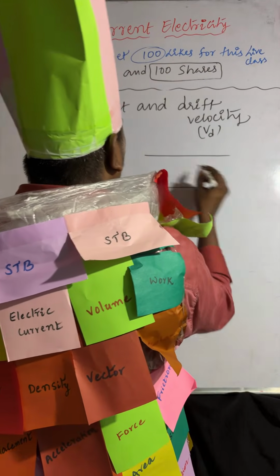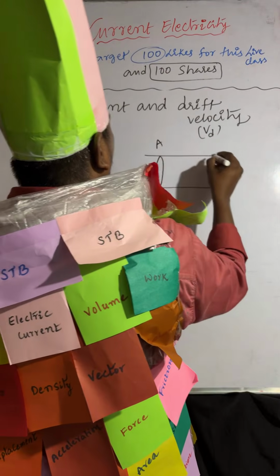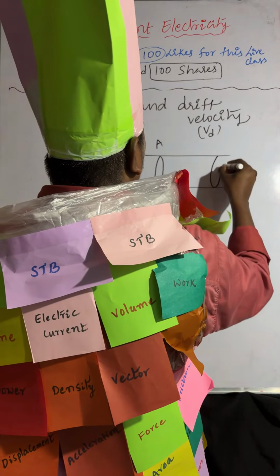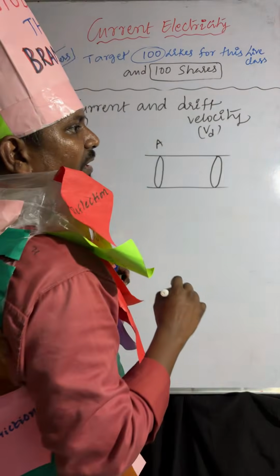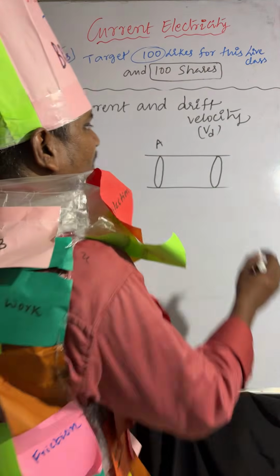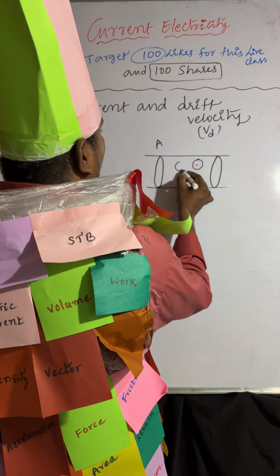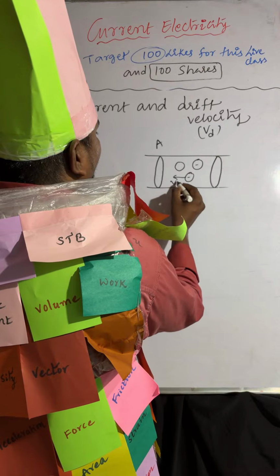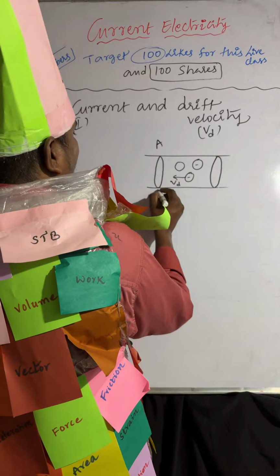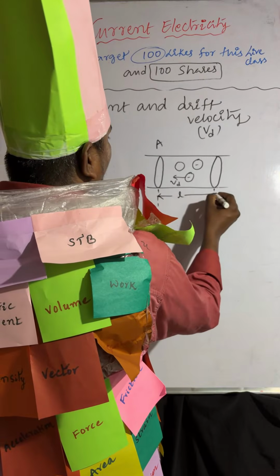So this is the area of the conductor, the area of the cross section A. Electrons are moving, right? These electrons are moving with Vd, and from here to here is the length, the displacement or distance.